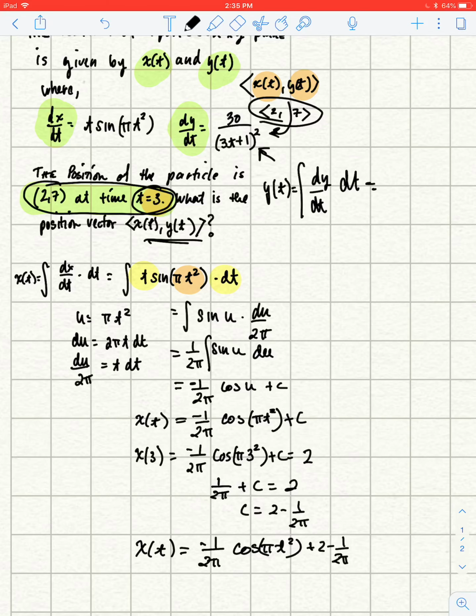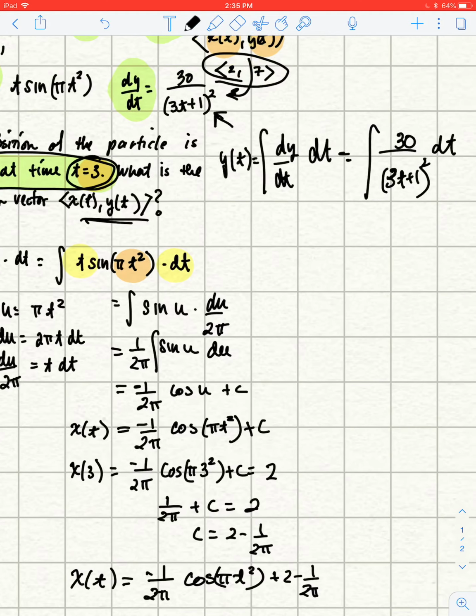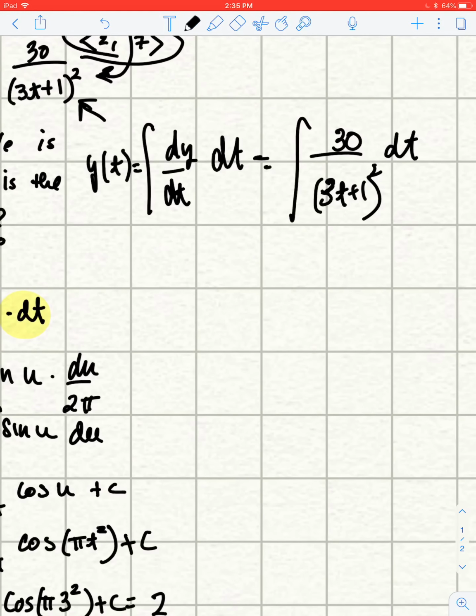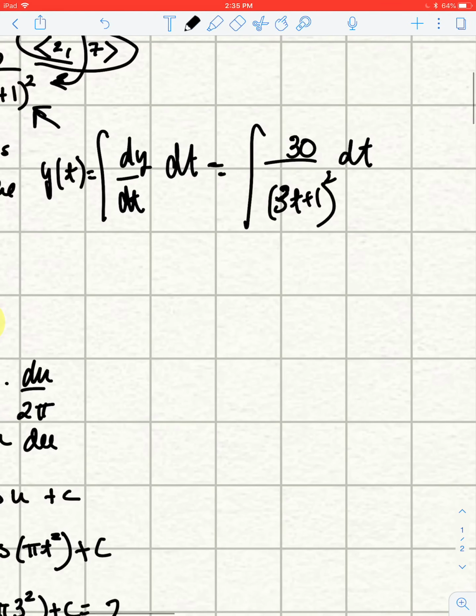So just take this function. Okay, so again, another u sub. Remember, make your inside your u.